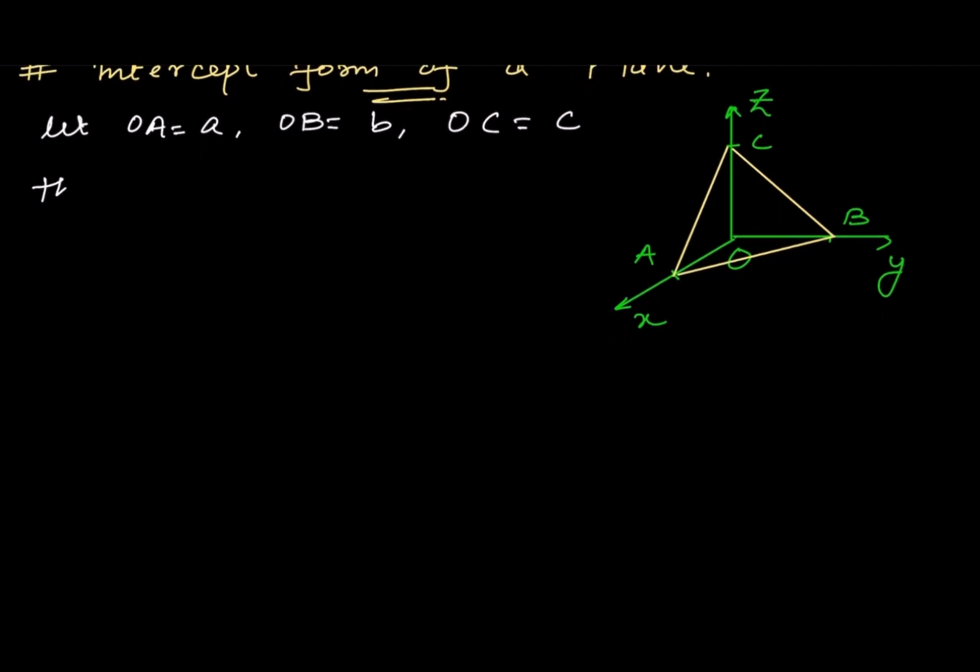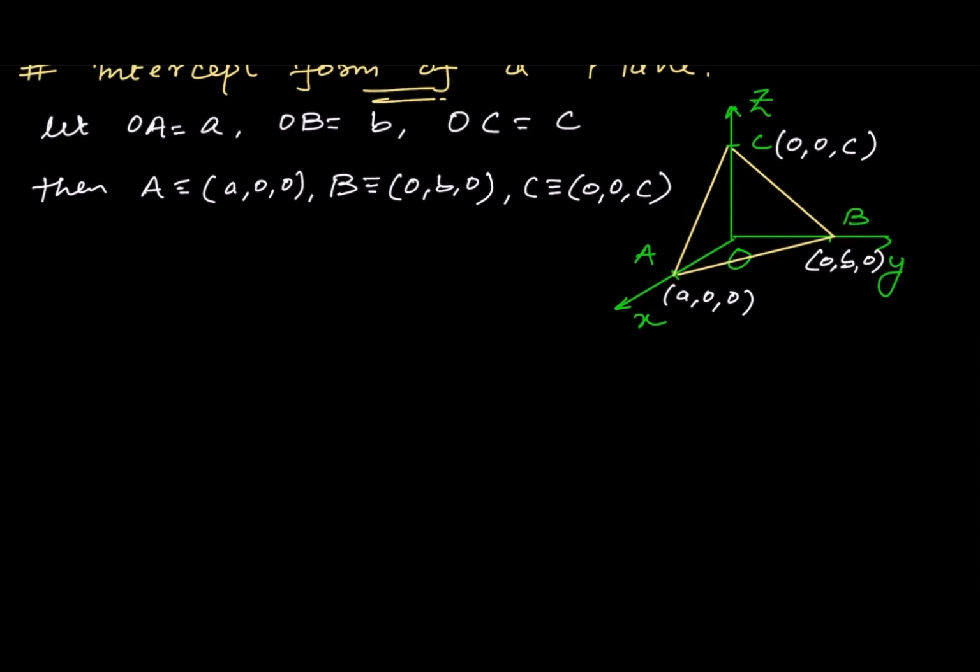Then the coordinates of A will be (a, 0, 0), coordinates of B will be (0, b, 0) and coordinates of C will be (0, 0, c), right?